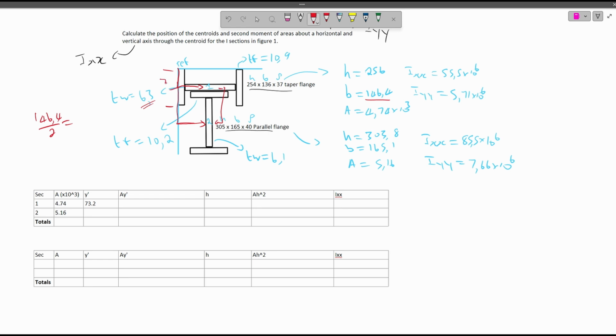We know this one, it's 73.2, and then the remaining one will be half of 6.3 plus half of our height.